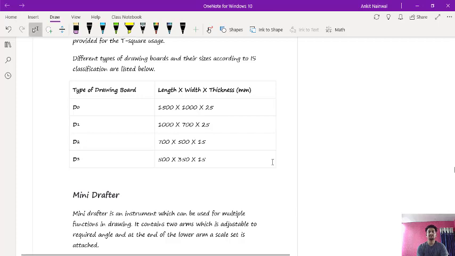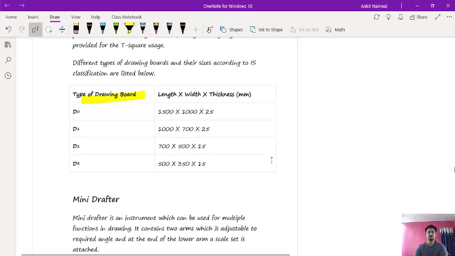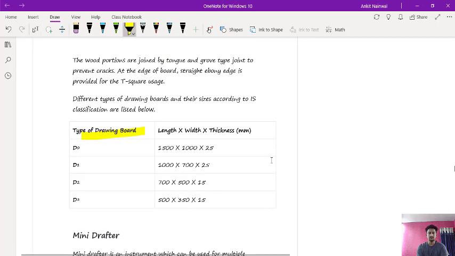There are different types of drawing boards also: D0, D1, D2, and D3. According to the different sizes, they are differentiated into different drawing boards. This you do not need to buy. You can use your home board also.